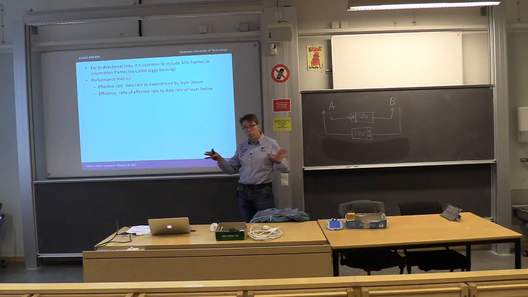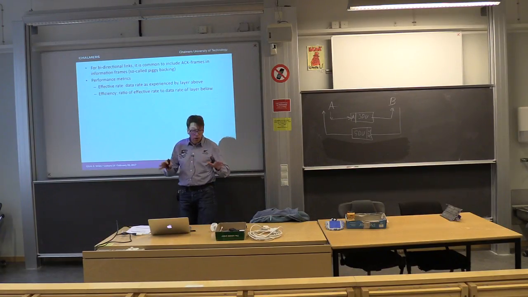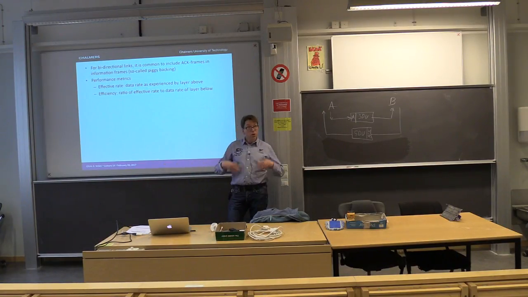Okay, so if we are a retransmission protocol in a certain layer, we have a layer below us that provides a certain data rate, R bits per second. And then we are delivering a data rate to the layer above it, which is the effective rate. And the effective rate is the number of service data unit bits which can be transmitted per second. Okay.